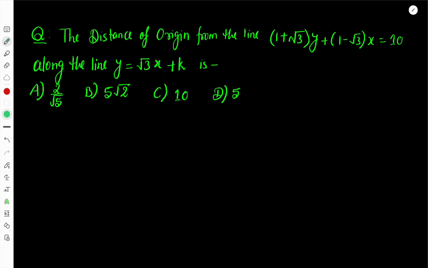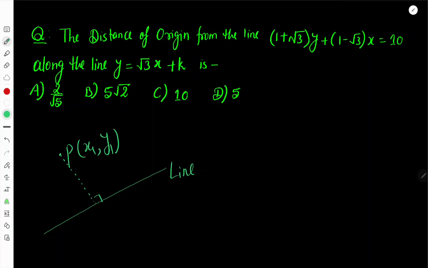Now you have done this type of question. Let's say a point P is given, x1 comma y1, and a line is given. You are finding the distance of the point from the line, that is the perpendicular distance, correct or not?